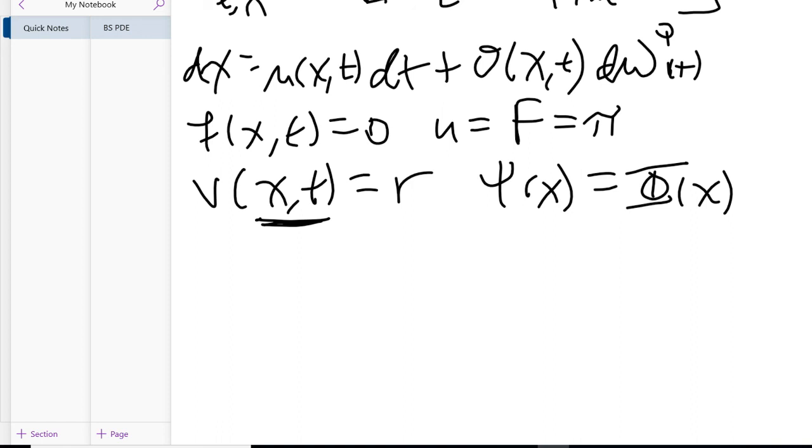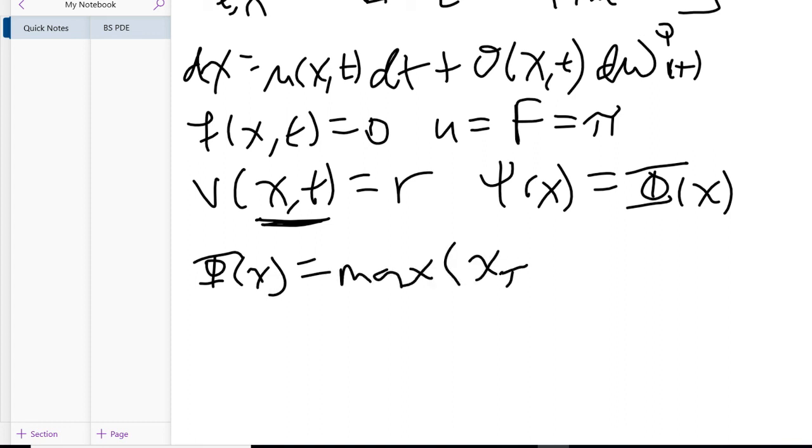So you know that for a call option, this is equal to the max. A European call option is equal to the maximum of the terminal x minus the strike, or 0.